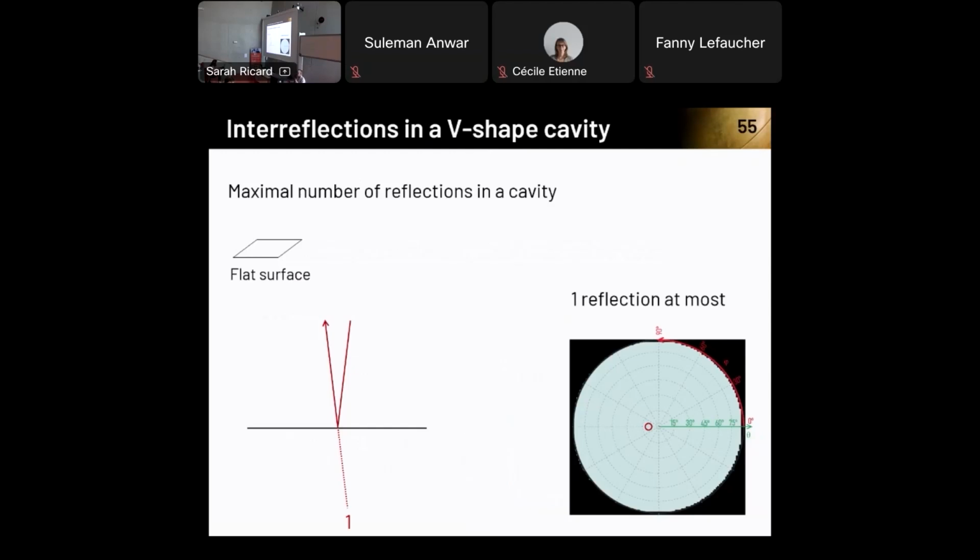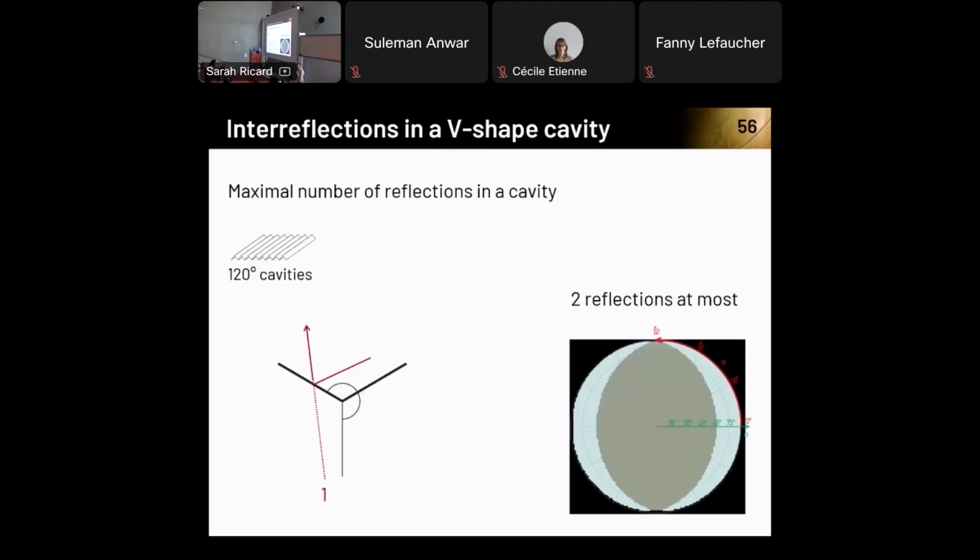The question is, how many reflections do we have at most, depending on the shape? So if it is flat, that's easy. Whatever is this angle, the light is reflected once at most. But when we have cavities, consider that we have 120 degrees between the two facets, we can have 1 or 2 reflections.